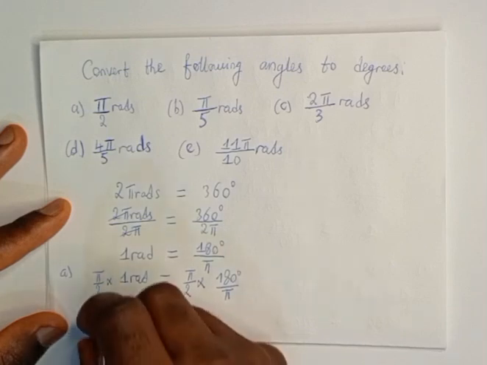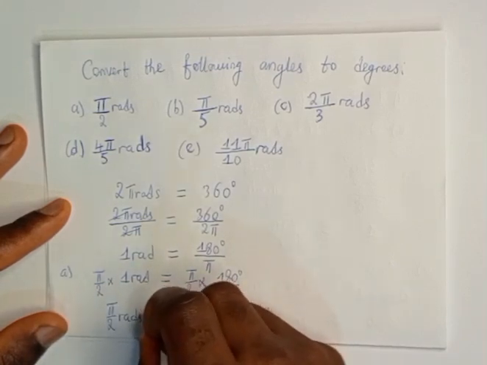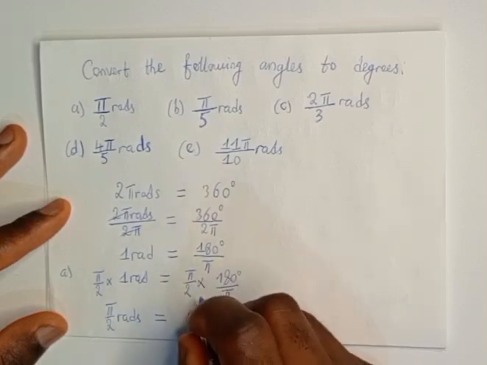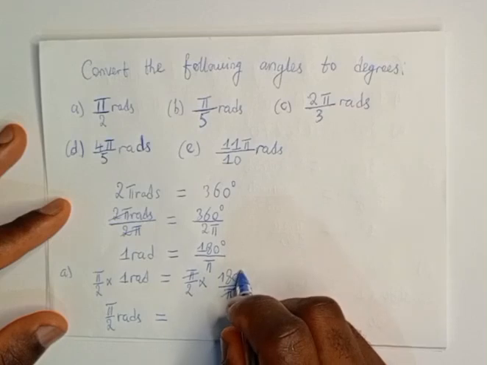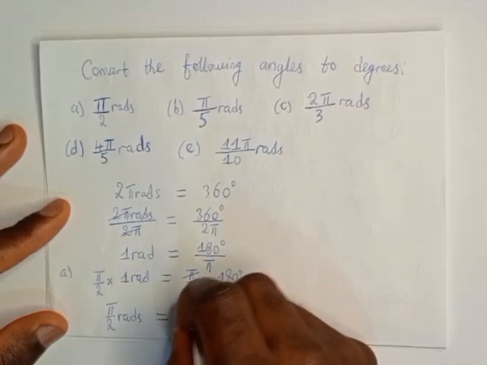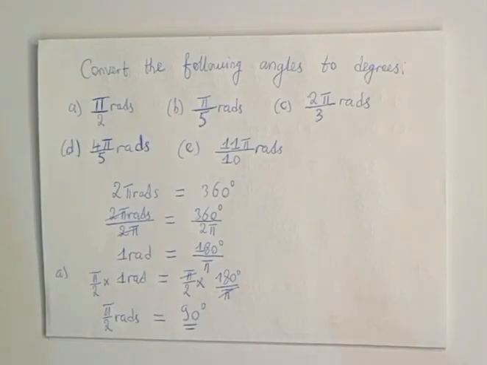Pi on 2 times 1 rad gives us pi on 2 rads equal to, simplifying the right hand side, pi will strike off pi. We'll be left with 180 degrees divided by 2, which is 90 degrees. Therefore, pi on 2 rads is equal to 90 degrees.